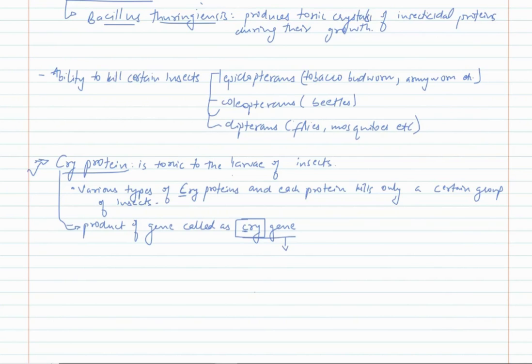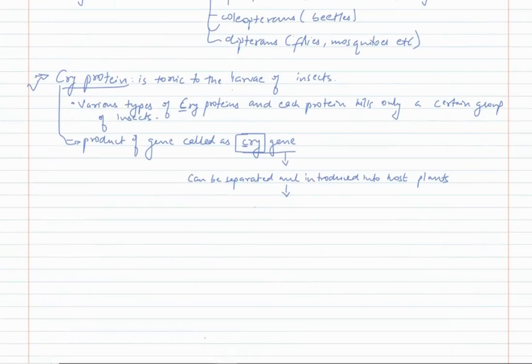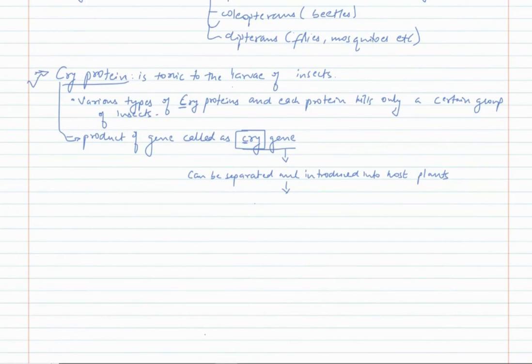This cry gene can be separated and introduced into the host plants. So what this will do is, it will lead to production of cry protein in the host plant.